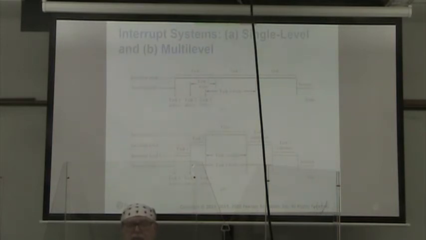Here on the bottom we have a multi-level interrupt system. So we have our normal mode. Task 1 arrives. It is executed. Task 2 arrives. It interrupts task 1 and is being executed.